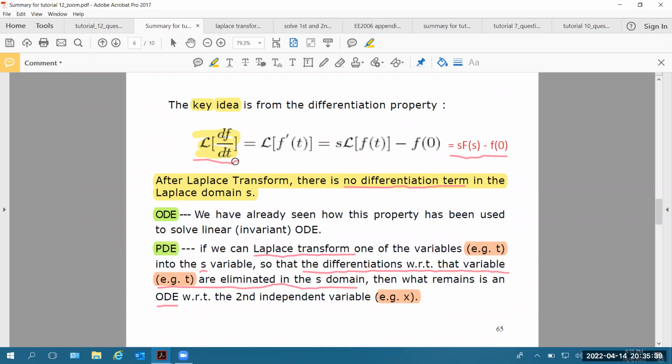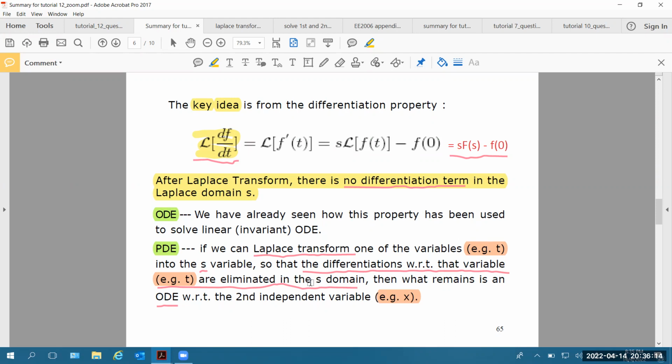Now in a PDE, we have at least two independent variables. Suppose you Laplace transform one of the variables, for example t, into the s variable. Then there will be no more derivative with respect to t; the differentiation with respect to t is eliminated, and you are only left with s.